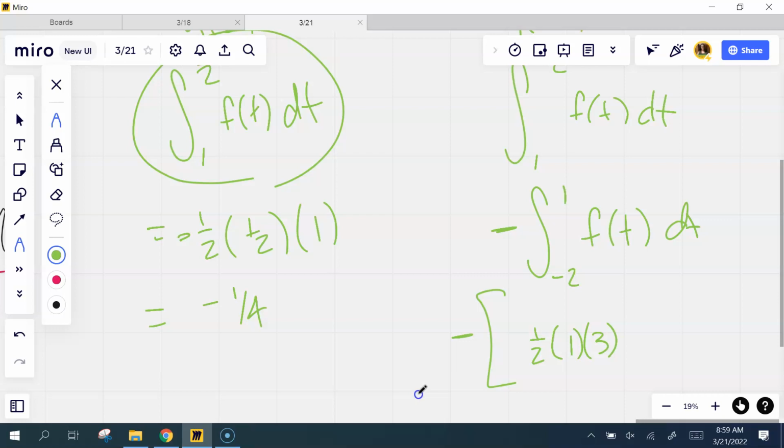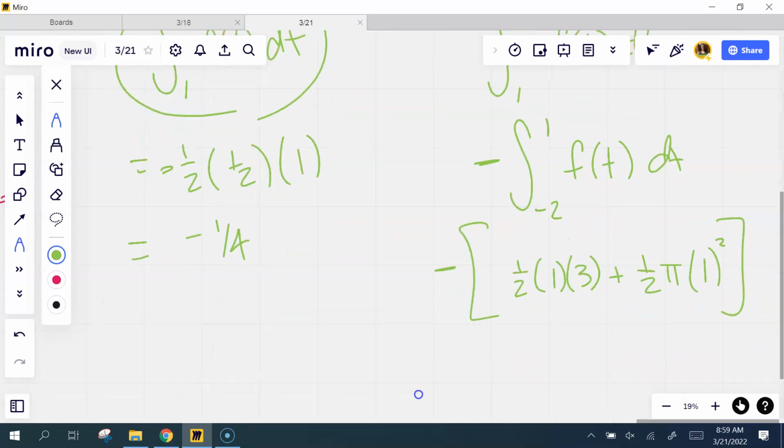And then you've got this semicircle, okay? A whole circle is pi r squared, so a semicircle would be 1/2 pi r squared. All I need is the radius here, and the radius of that circle is, anybody? 1. Radius across on that circle, it's 1.